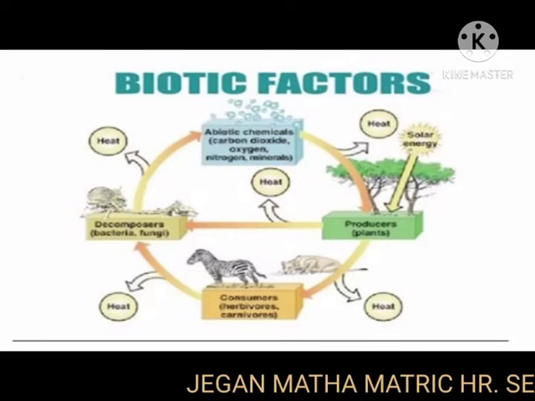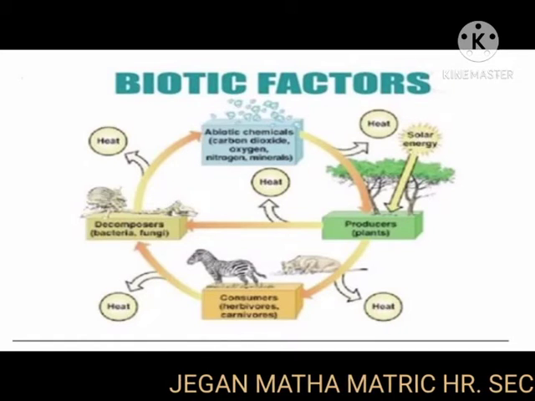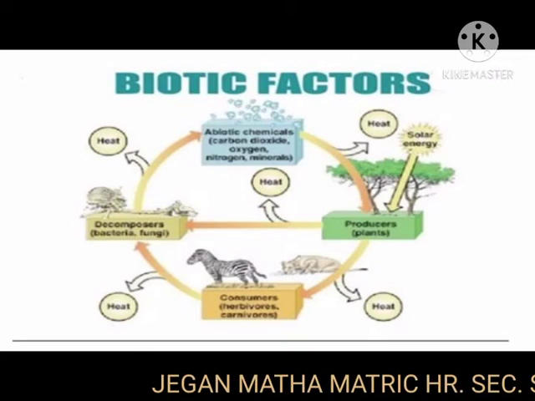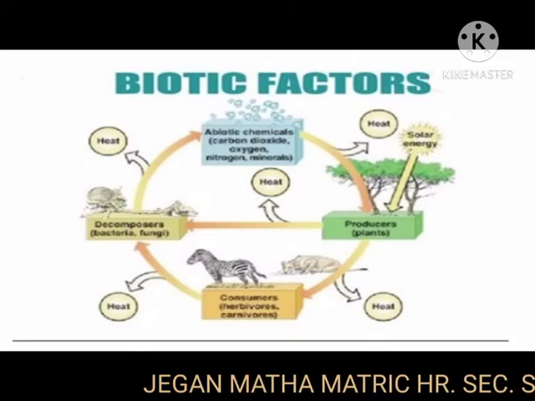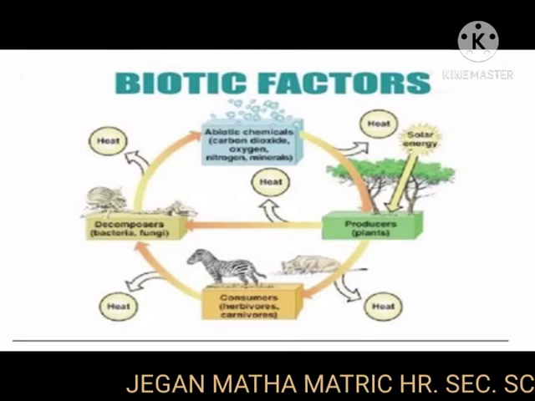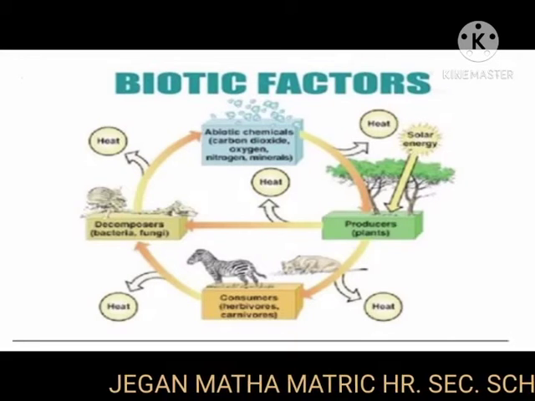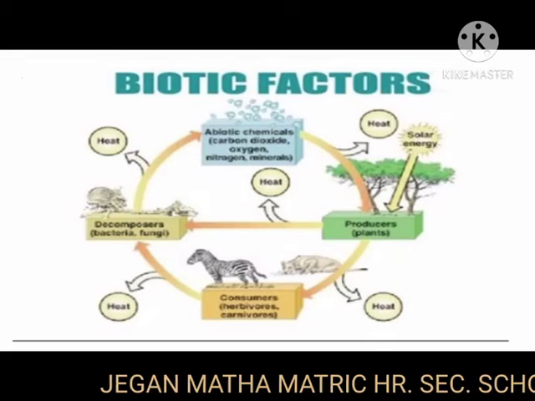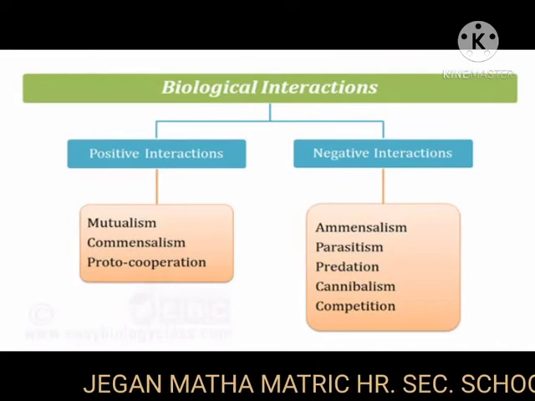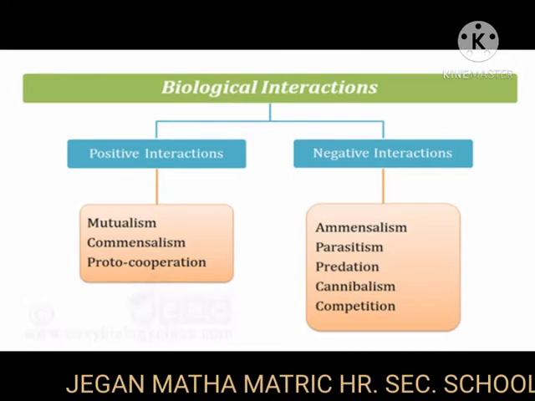The plants mostly live together in a community and influence one another. Similarly, animals in association with plants also affect the plant life in one or several ways. The different interactions among them can be classified into two types: positive interaction and negative interaction.